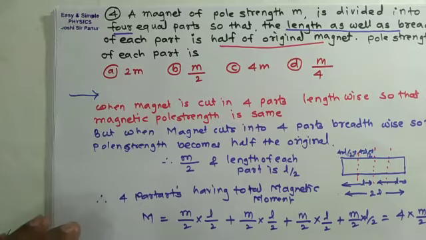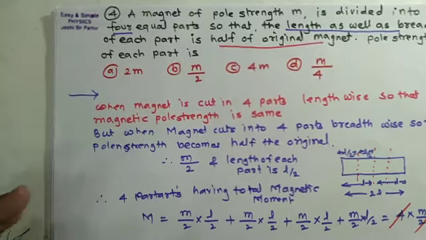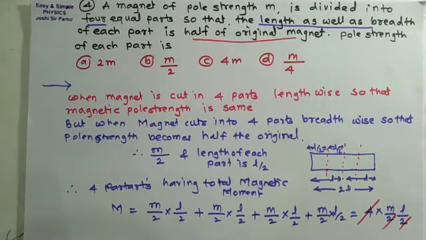What happened? The 4 and the 2 cancel. When the 4 cancels, it becomes small m into L, which is written as m into 2L divided by 2, which is m upon 2.